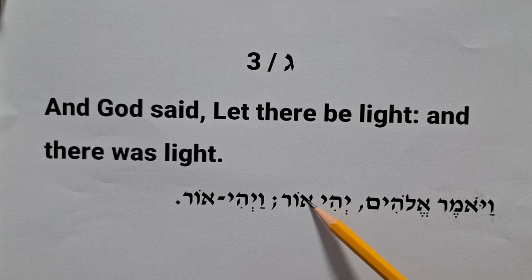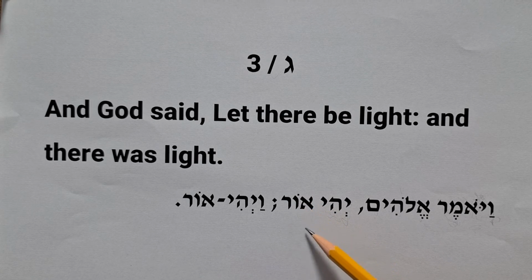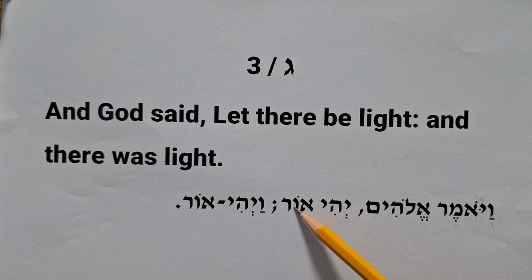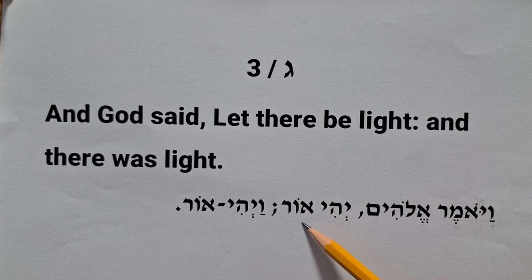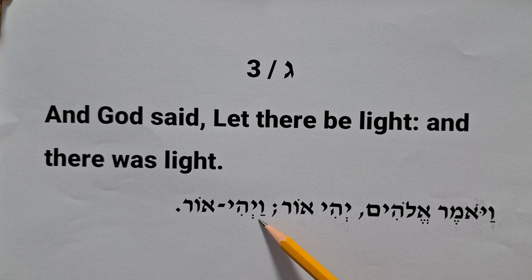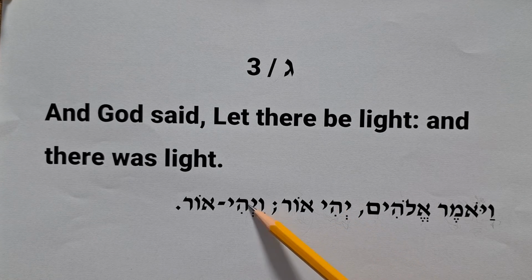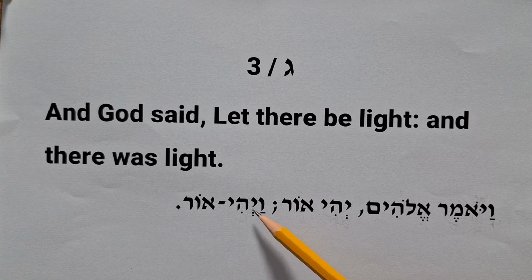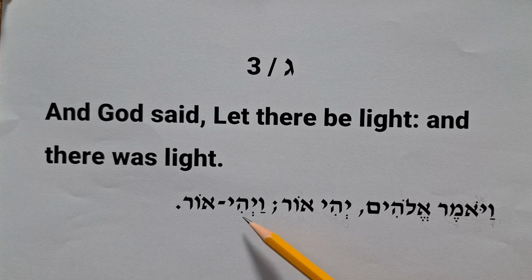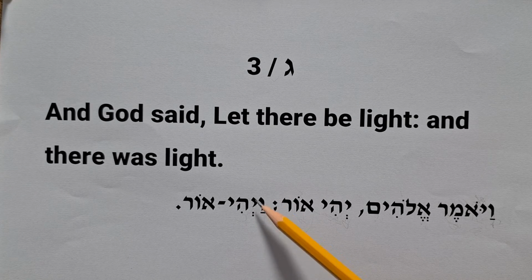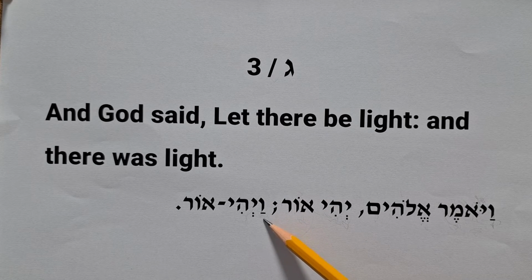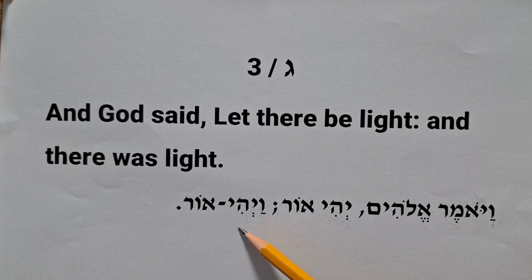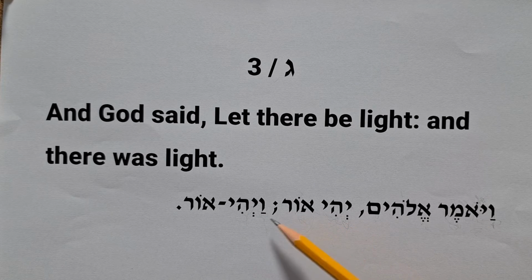And light, that's this word or, aleph with vav cholam maleh, and reish, or. And again, you see the same letters right here, va. It's like, and there should be light. It's like, and va, with patach, vai, he, right, like here.